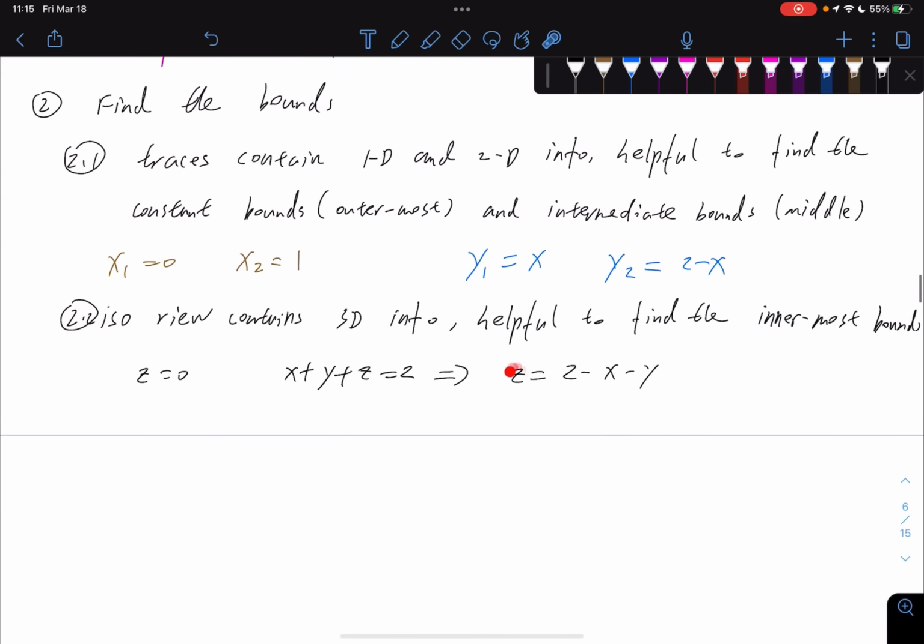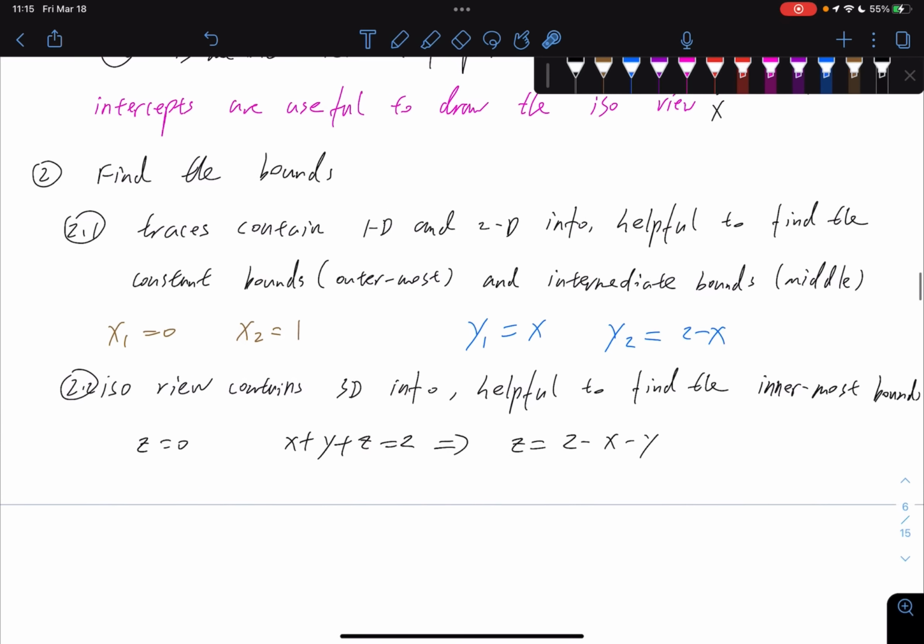So z will definitely be greater than 0. By looking at these two equations, we can conclude that z1 equals 0, and then z2 equals 2 minus x minus y.